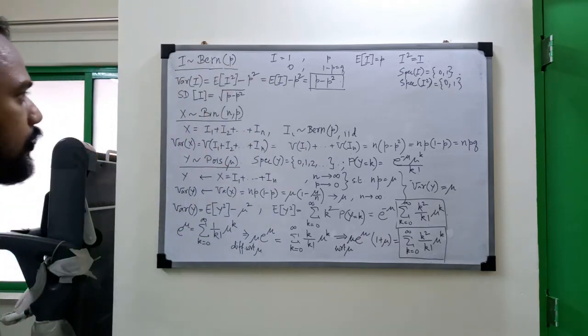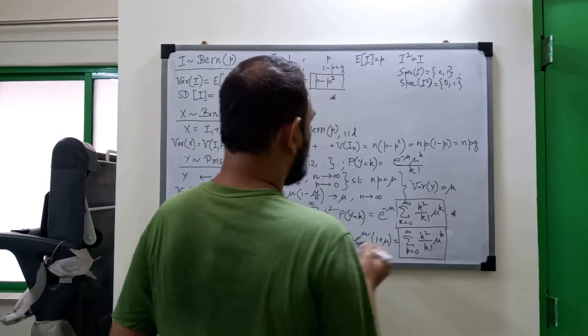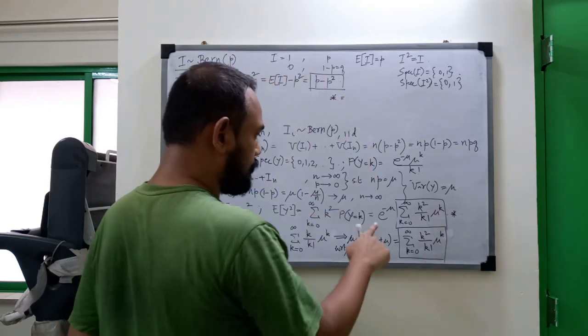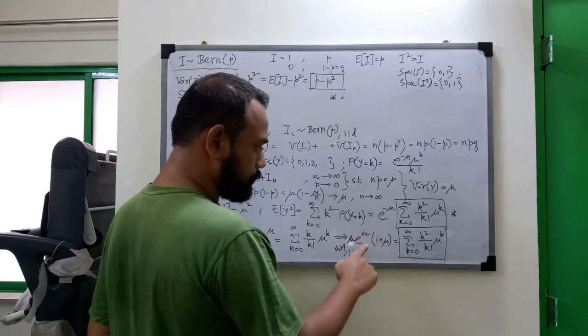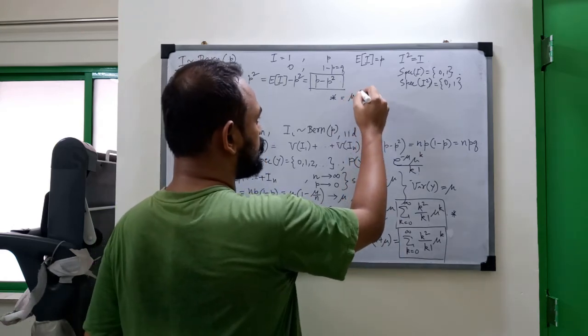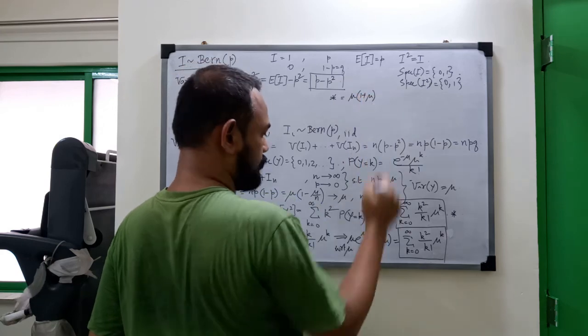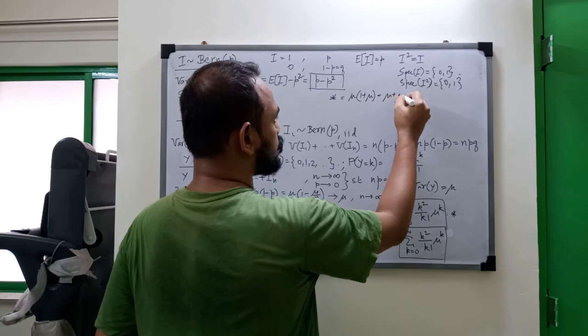Okay, so let's just do that from here. Therefore, if I multiply e to the minus mu to this quantity, e to the minus mu will multiply e to the mu to give you 1. So you will be left with mu times 1 plus mu, and that's mu plus mu squared.